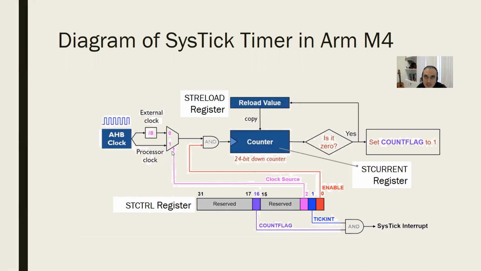So if this pink circuit is 0, the external clock is chosen. If this pin is 1, the multiplexer allows this signal to be fed and just stops this signal. That's what multiplexers do. In that case, we've got a clock inside it, which is running the device, running by default at 16 megahertz. So if we choose this one, it's going to be 1. Good.